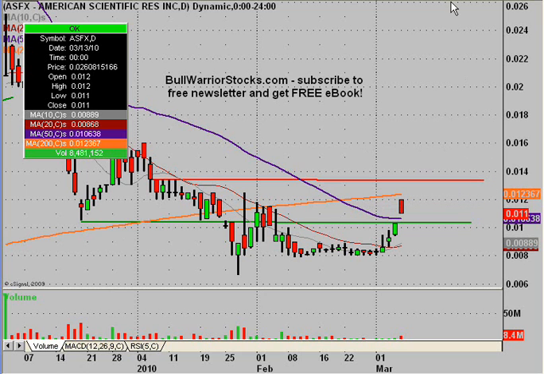Now, in terms of supports, we have this one below us here that was taken from this low over here at 0.0105. And then we also have the 50-day, which is essentially the same thing. The key for this, if there's going to be any sort of true strength behind this, is we really need to see these two support levels hold. If they don't, then it's more than likely just going to be a trip back down to test these previous lows right here, and then you're basically back to where you started.